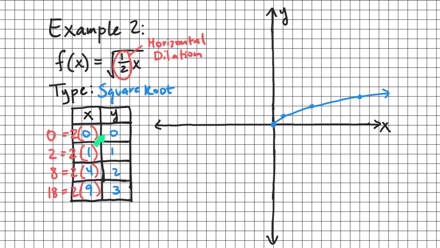It's going to be 0, 0, 2, 1, 8, 2, and 18, 3 is somewhere down that way, right?